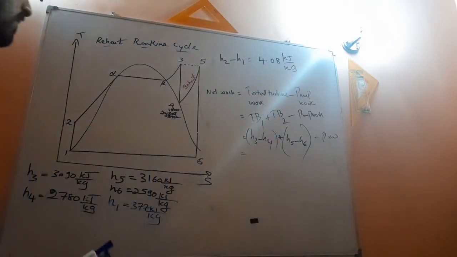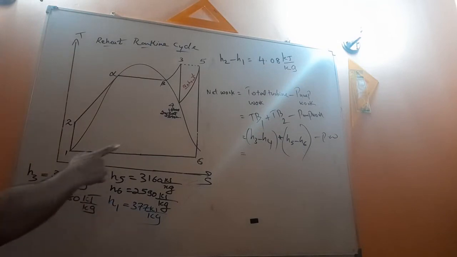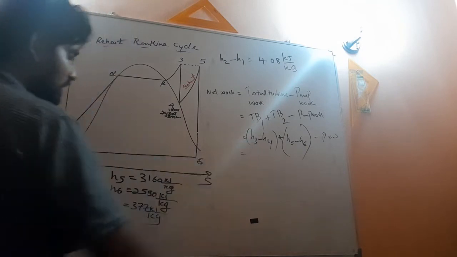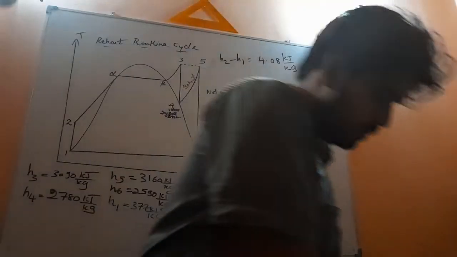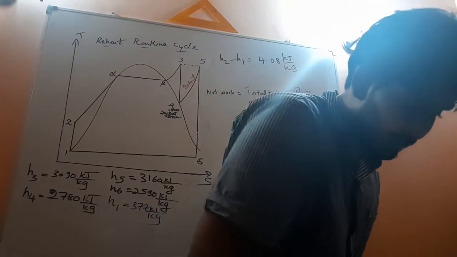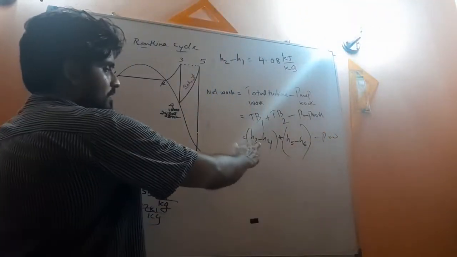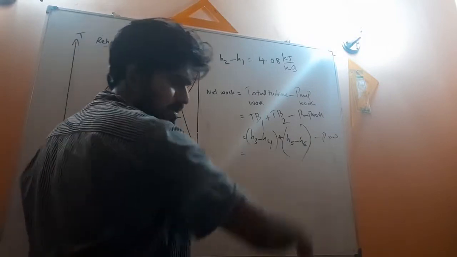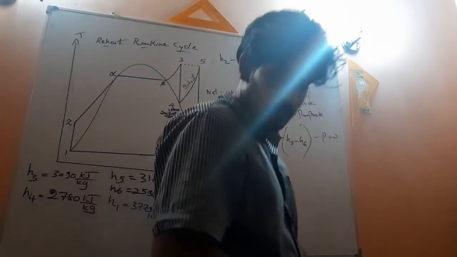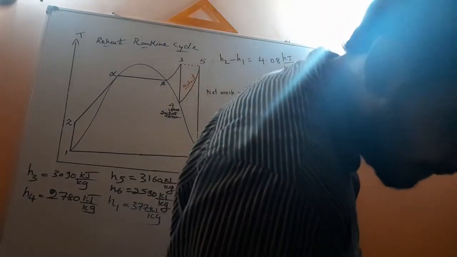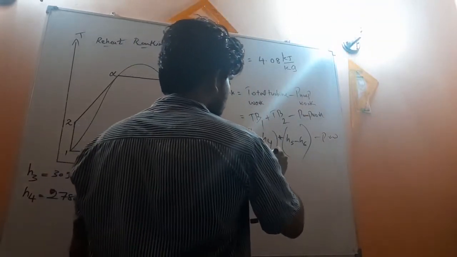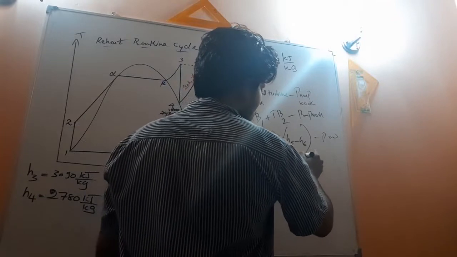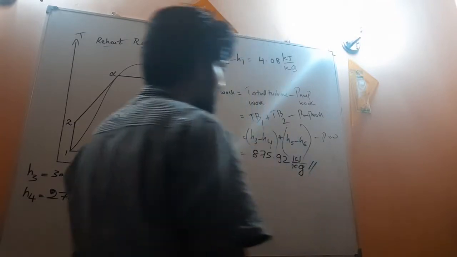Now a very simple task: substitute H3 minus H4, substitute H5 minus H6, then minus our pump work of 4.08. The net work done is 875.92 kilojoules per kilogram. That is the net work.